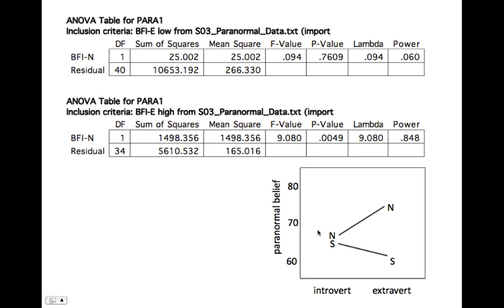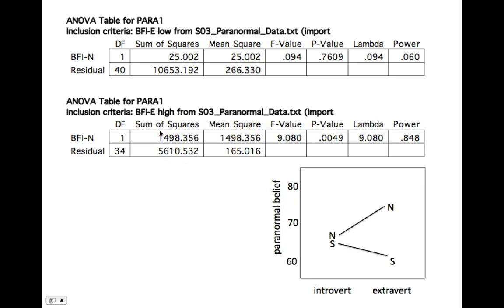That comparison, that p-value of 0.76, is the p-value for the N and the S at the level of introversion, right here. There's not a reliable difference here, and that's what visual inspection would suggest.